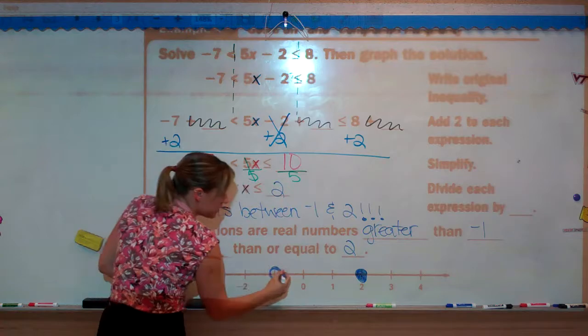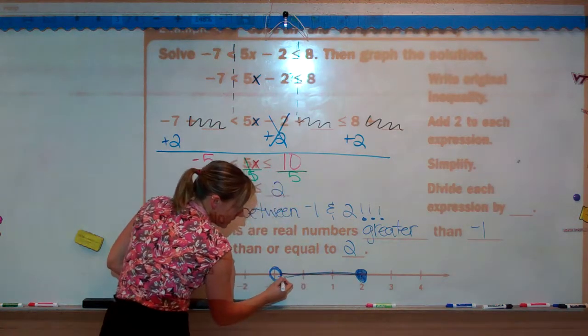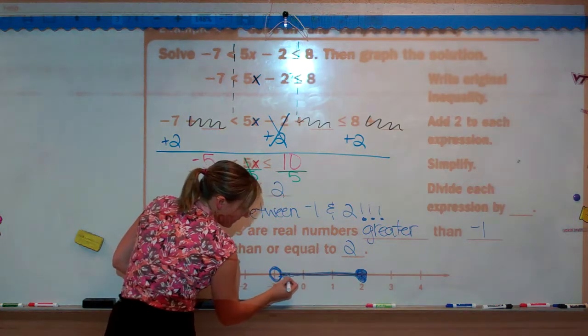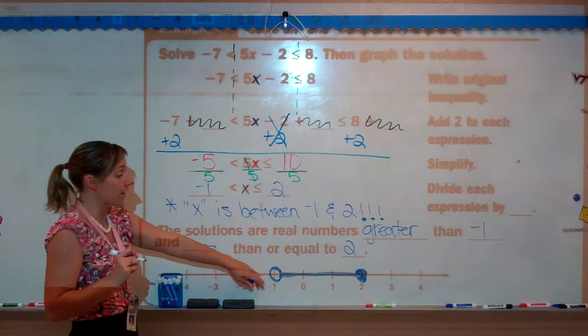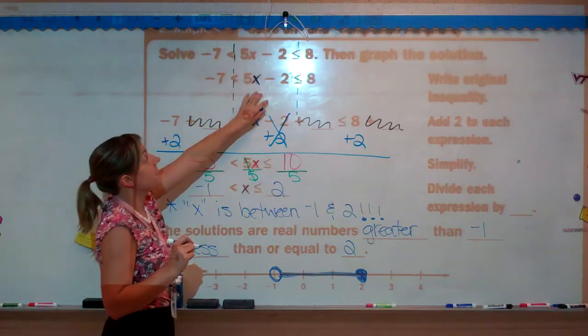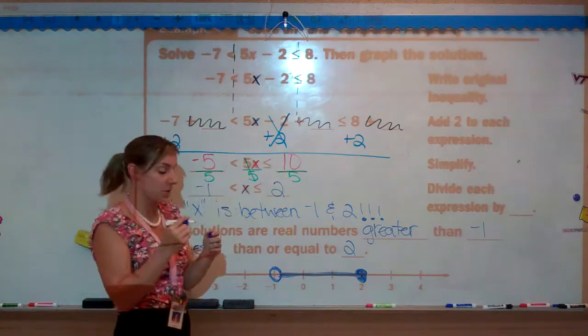And then x is between them. So this is x right here. Okay? So that's how we always graph these "and" problems, these sandwich problems.